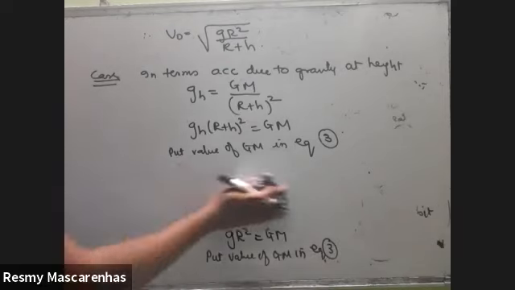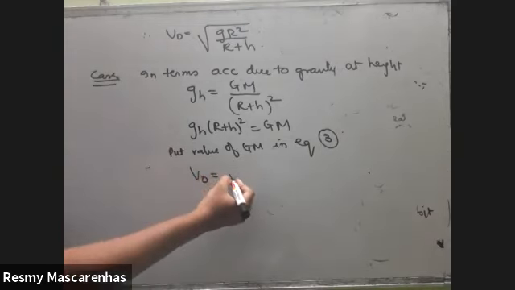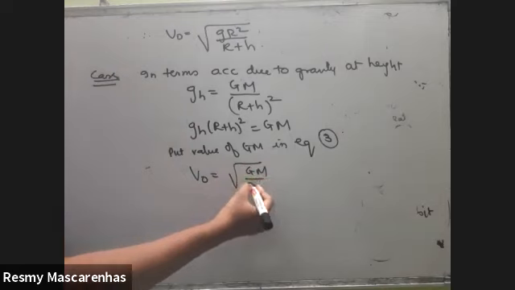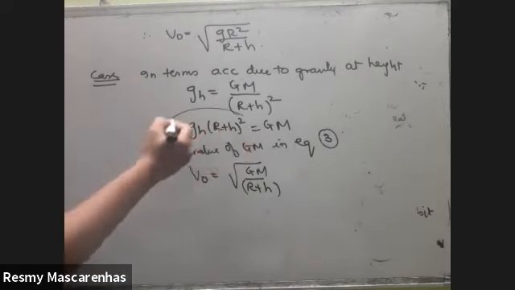equation 3. What was equation 3? V naught was root of Gm upon R plus H. This was the formula which we had got. So put this value now over here.